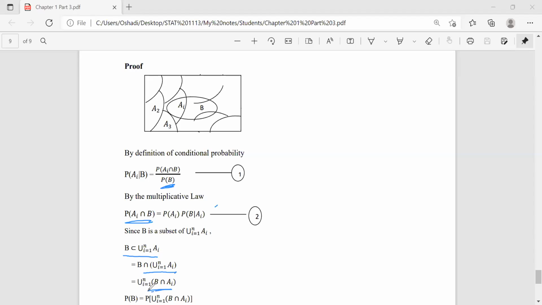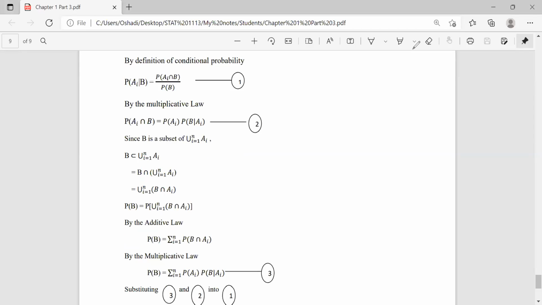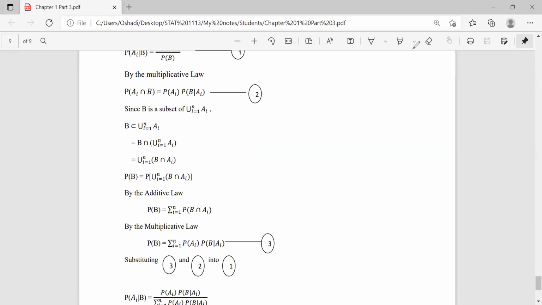And then we can write the probability of B. We apply the concept of probability to the upper equation, so we can write the probability value as probability of unions of B intersection Ais.